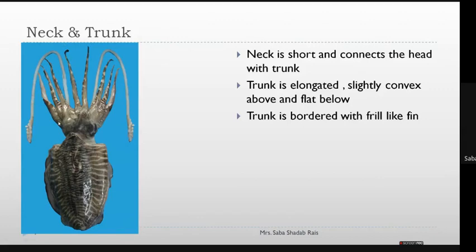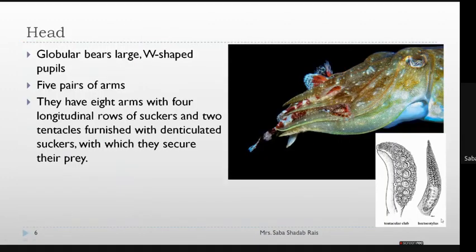The left arm of the fifth posterior pair is slightly modified in the case of the male. You can see the special diagram of it. This arm is used for transferring the spermatophore into the mantle cavity of the female, so it has a role in reproduction.